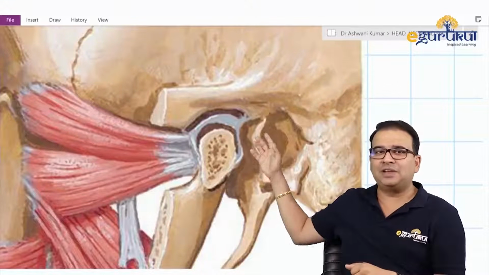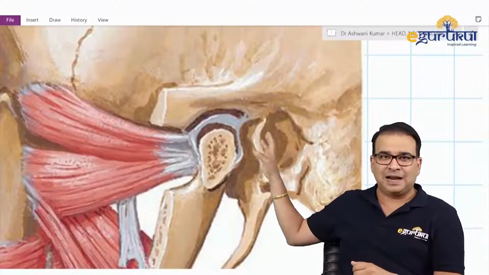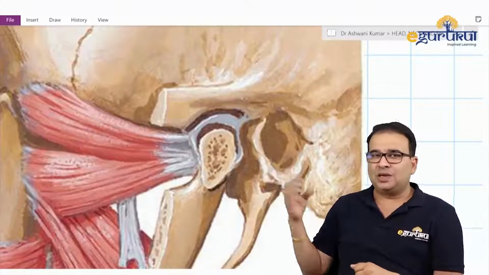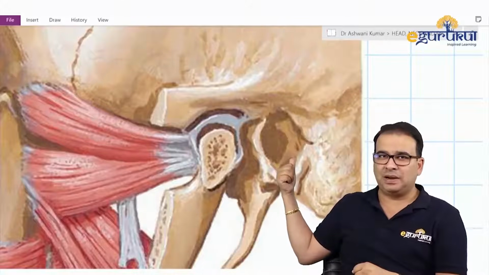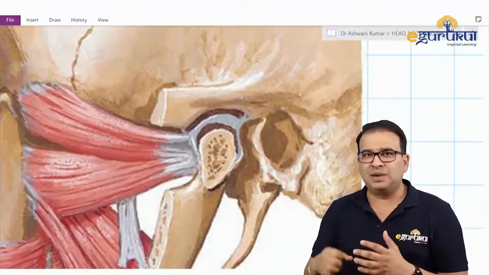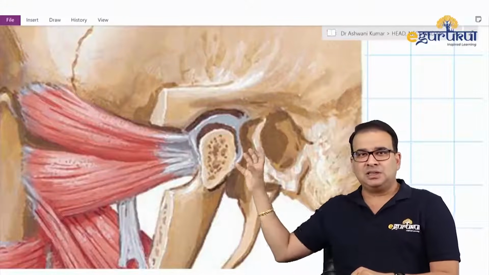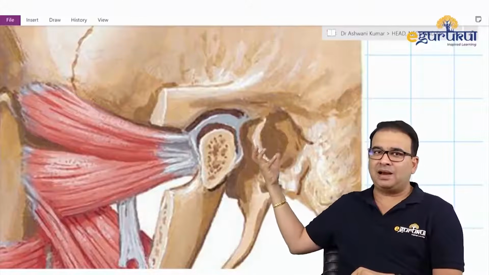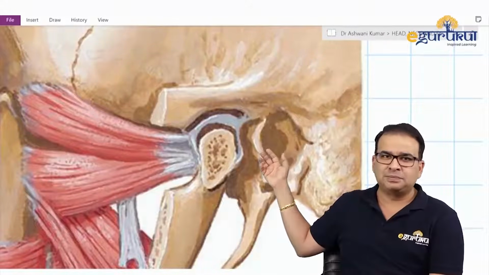You cannot afford to have the capsule attached directly to the tympanic plate, because if that happens, the head of the mandible will be in close contact with this tympanic plate. So even the slightest retraction injury can lead to fracture of the tympanic plate. Now that is a complication if somebody gets punched on the chin and there is a posterior dislocation of the TMJ: the ligaments will break and the head of the mandible will bang against this tympanic plate and can cause a fracture of the tympanic plate.